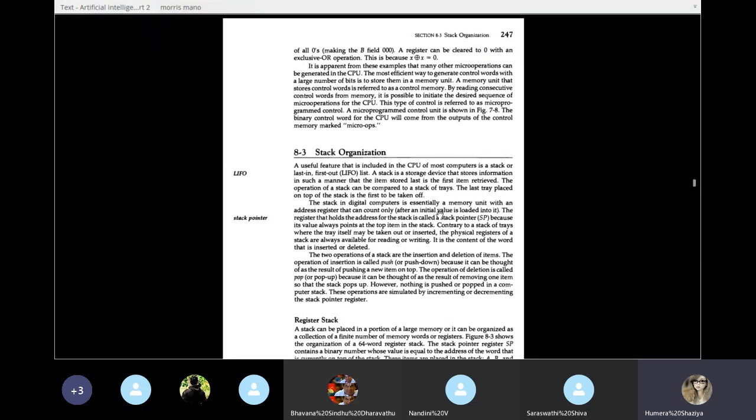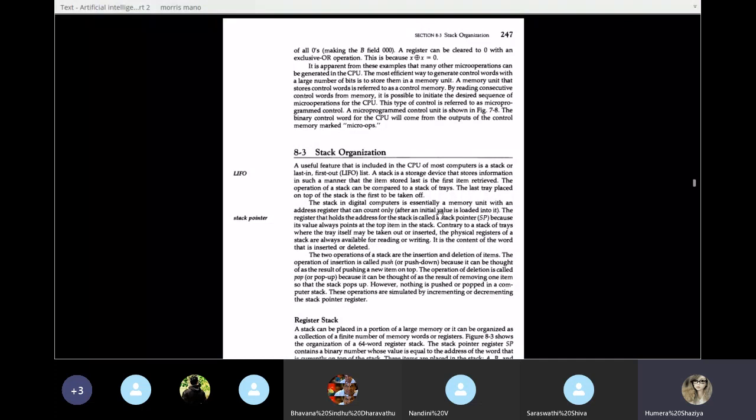So what happens is whenever you call a function, it is placed in the stack, and all the local variables of that function are also placed in the stack. And then whenever you return from the function, it is removed from the stack.